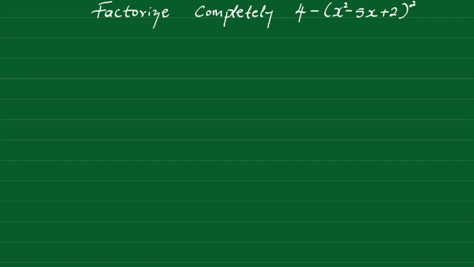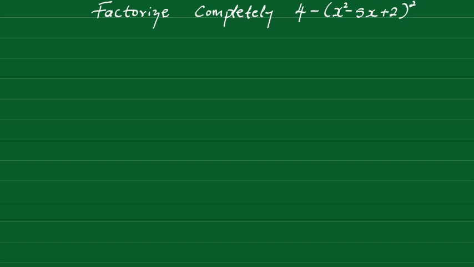Alright guys, welcome. We're given this question from PCE 1990, question 19, where we are asked to factorize completely 4 minus (x squared minus 5x plus 2) all squared.